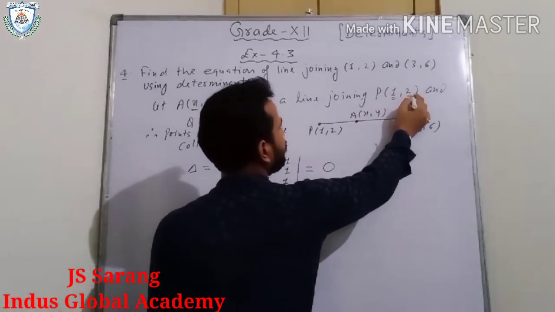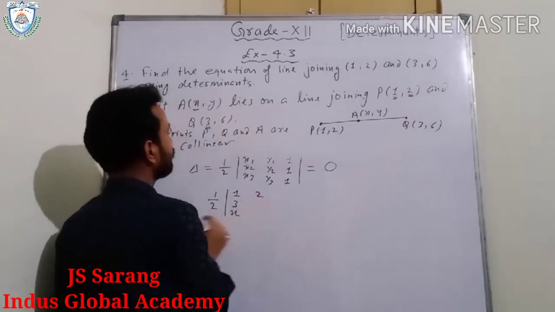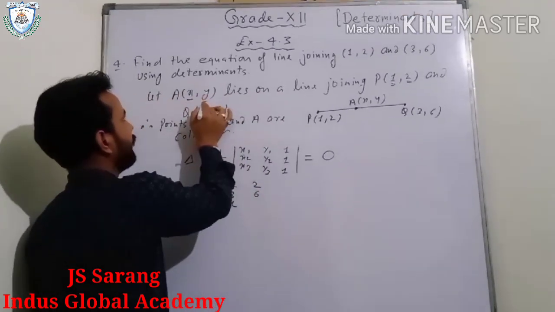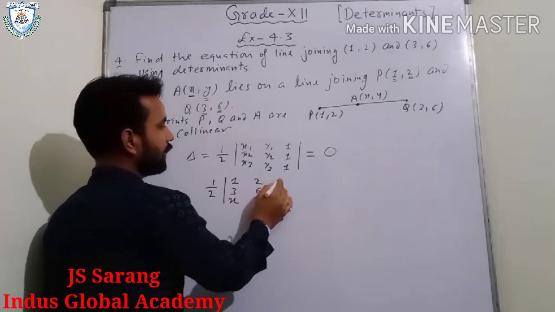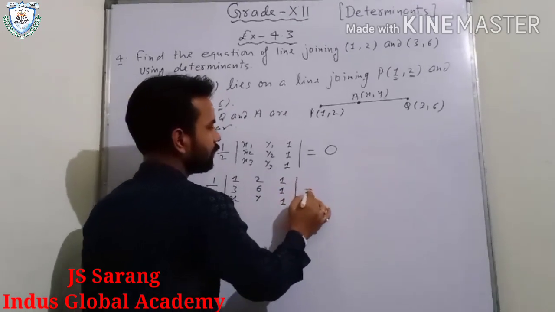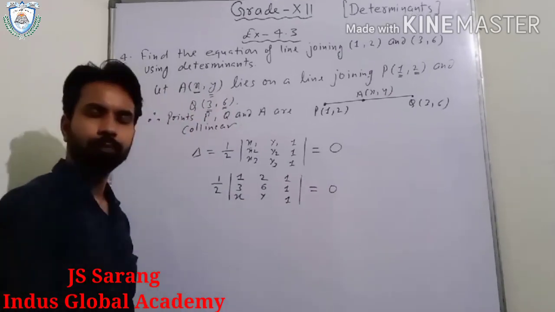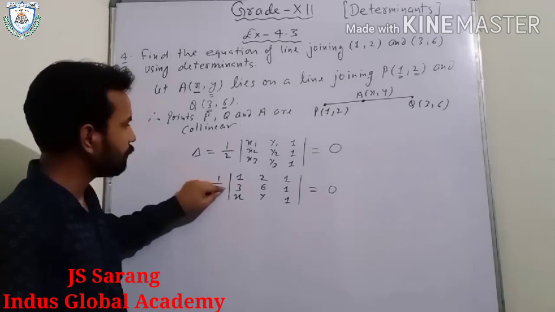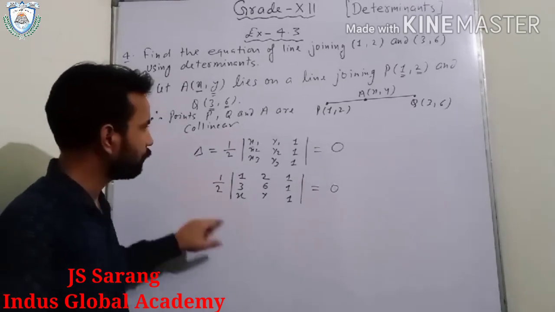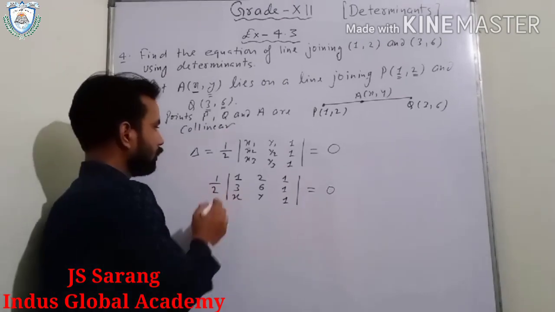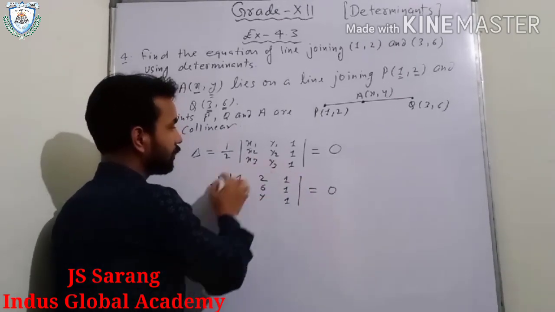So in P, y1 is 2, in Q, y2 is 6, in A, y3 is y, and the third column will remain the same, that is 1 1 1, equal to 0. Clear? Now we will solve this. See, 1 by 2 is in multiplication here, so it will move to the other side in division of 0, so it will be 0. So now we will expand this determinant.